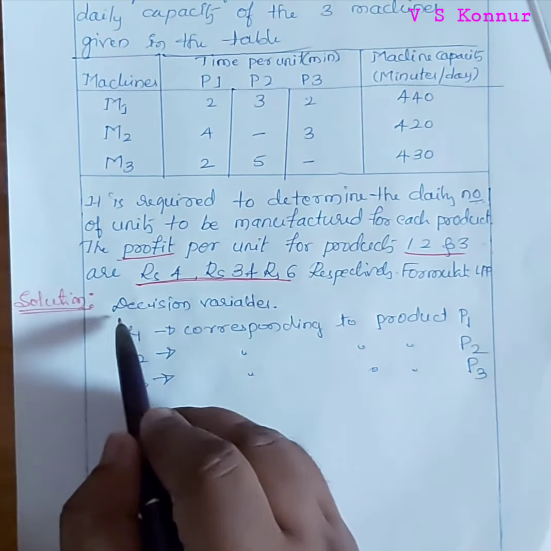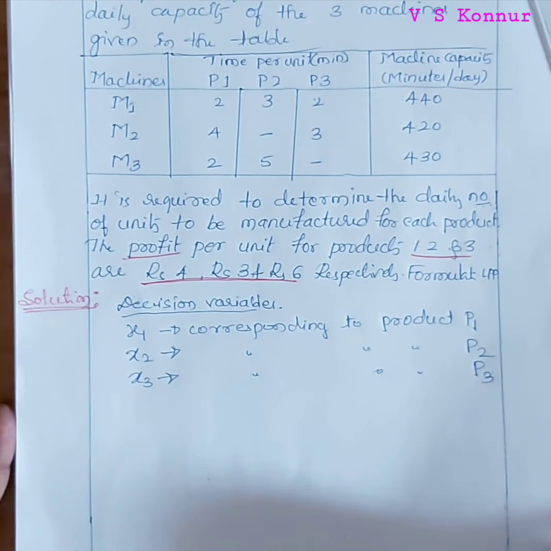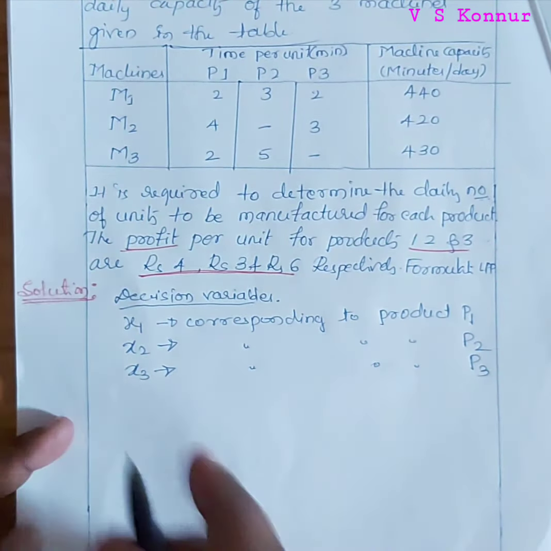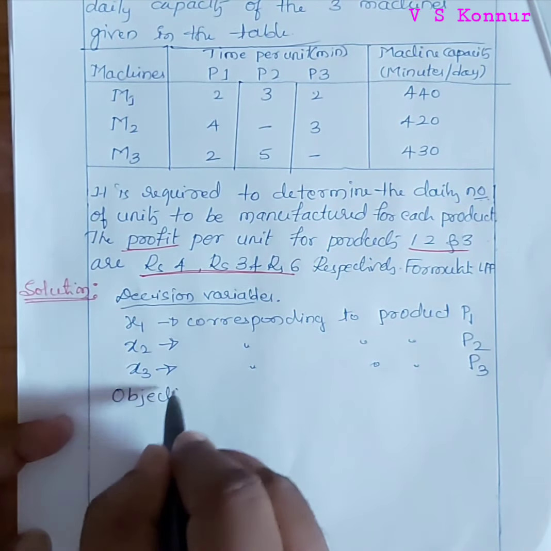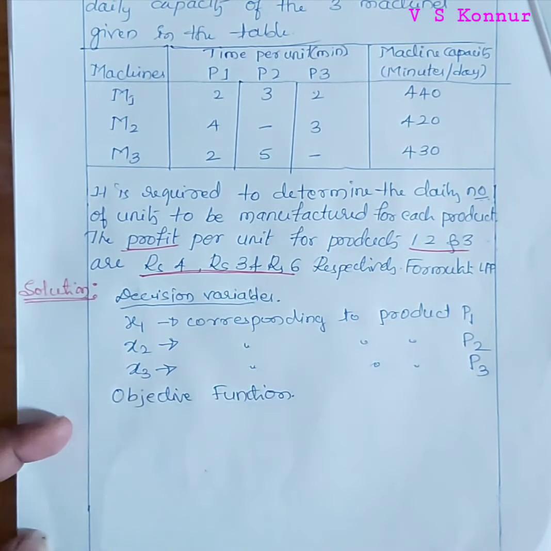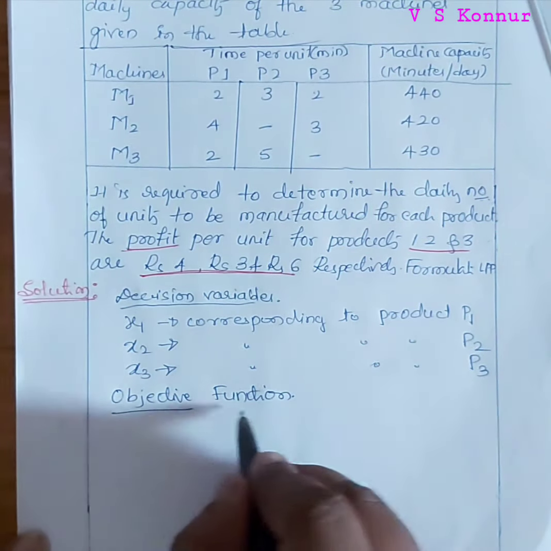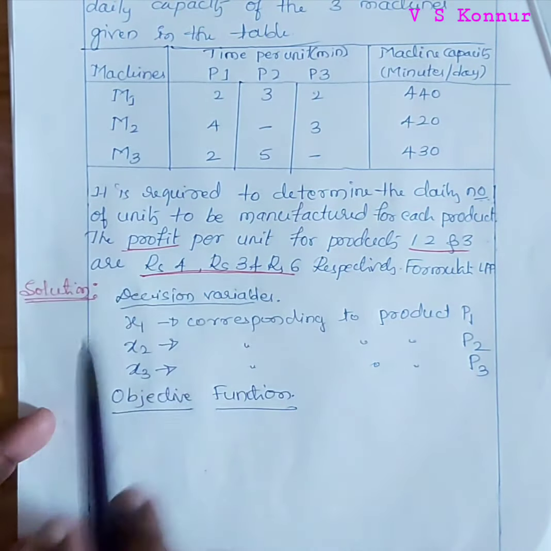Then after defining the decision variables, we have to define the objective function. That is very important. After completion of decision variables, always we have to go for the objective function. So what is the objective function? It depends on the complete problem.